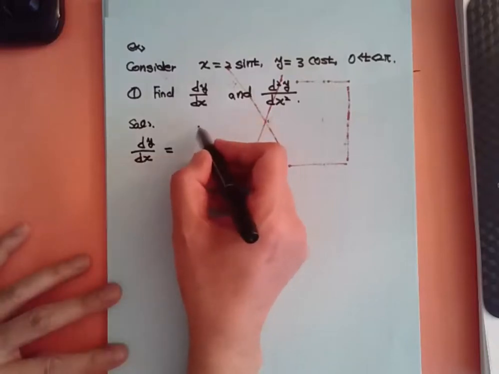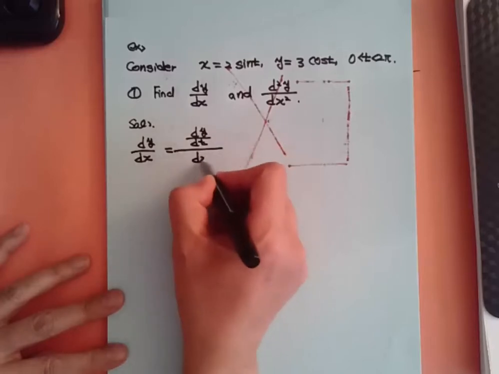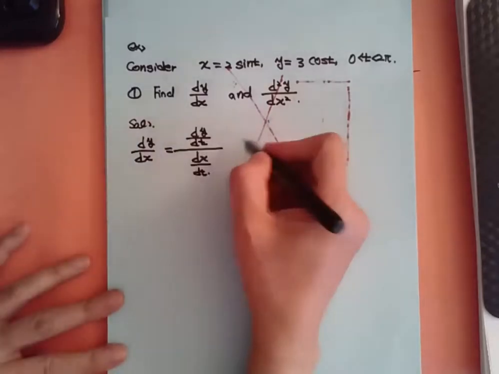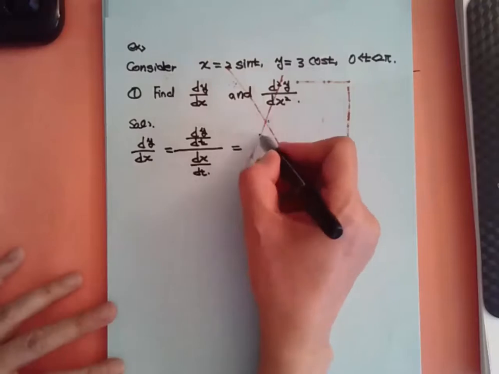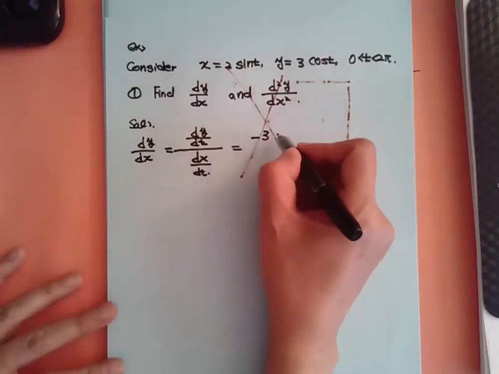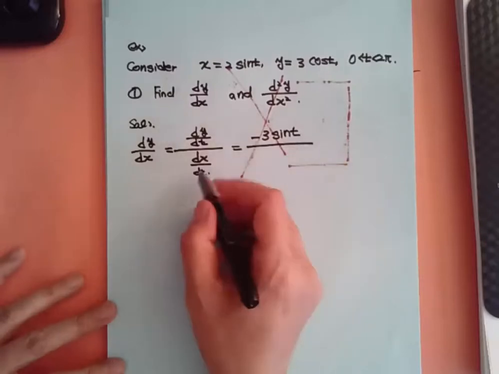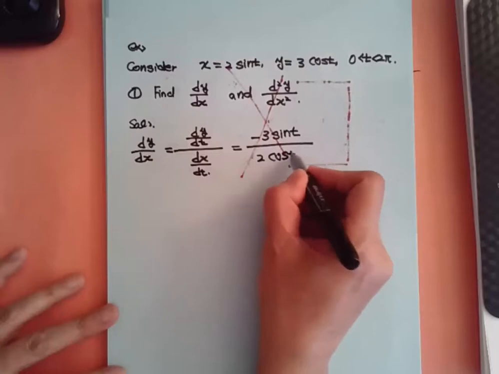y and x are defined with a t variable. So we just differentiate with respect to t for x and y. And when we differentiate 3 cosine of t, that becomes minus 3 sine of t following the formula. dx dt will be 2 cosine of t, right?